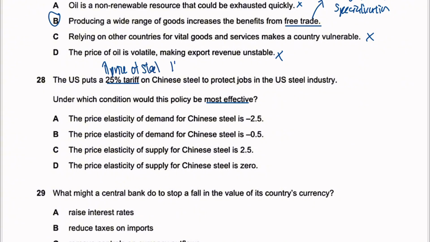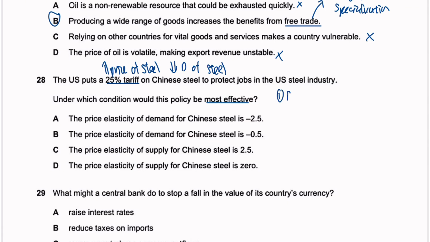When the price increases, the demand for Chinese steel will also reduce. So this is essentially what the US wants to achieve. But this question is asking you, under which condition, under which PED or PES, will this policy work in the most effective way? Okay, let's see.